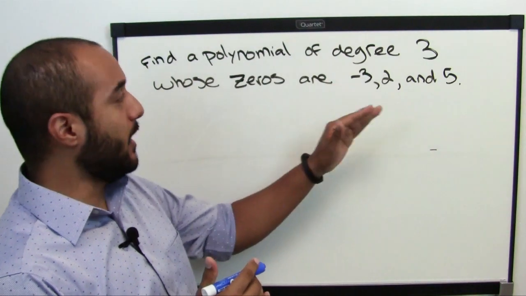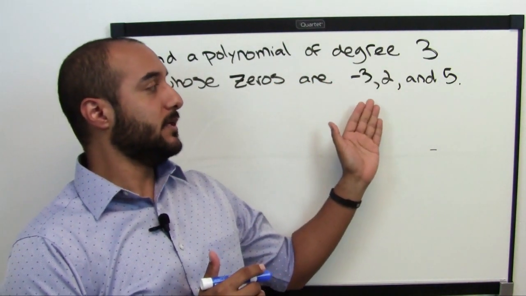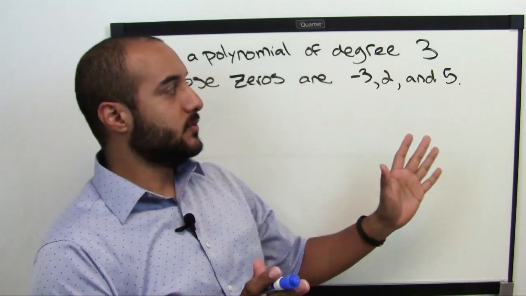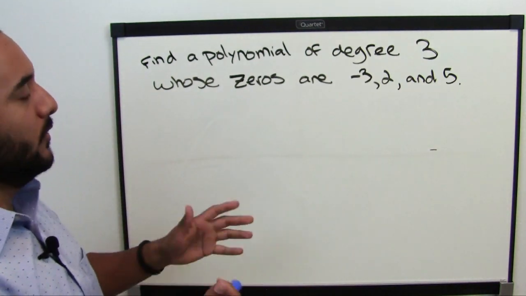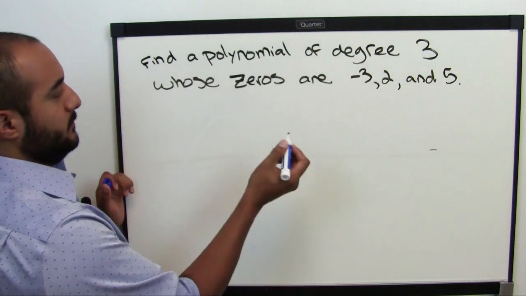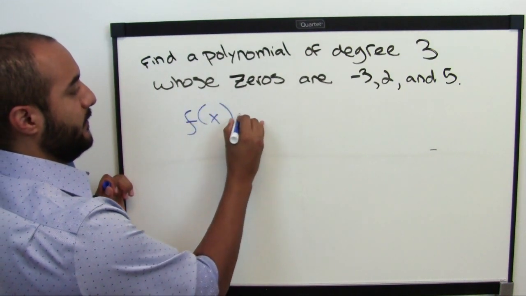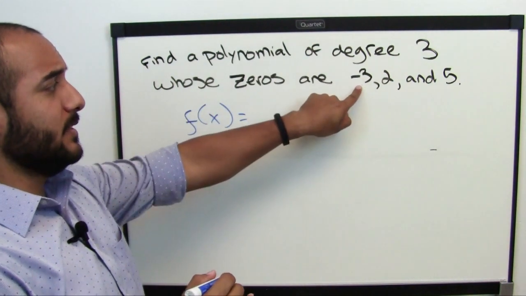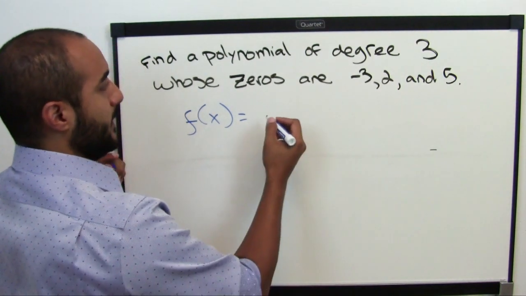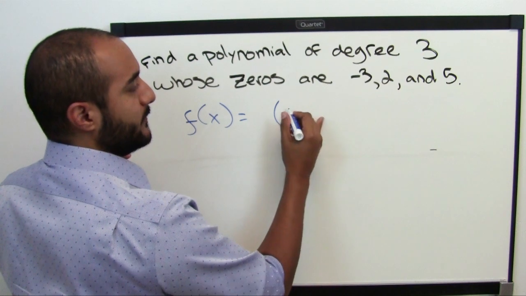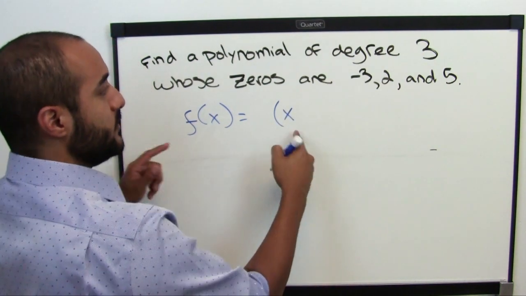So here, let's take a look at this problem. This says, find a polynomial of degree 3 whose zeros are negative 3, 2, and 5. So that definition I wrote before, all it's saying is, okay, so I have some polynomial, f of x, so that these are my roots. So to write them down, all I have to say is, well, I have an x, or whatever variable you decide to use here.